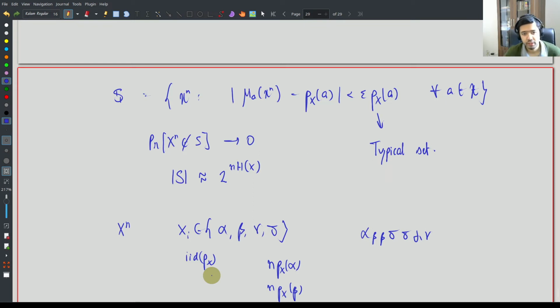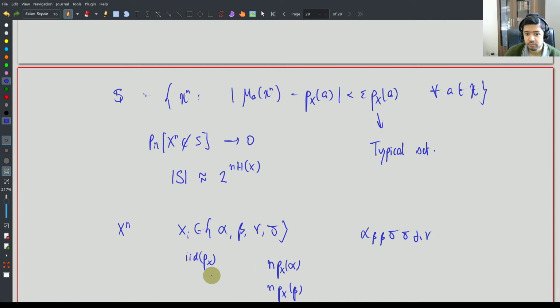Great. In another inequality, you give something like this, that the probability that mu a of xn minus px of a is greater than epsilon tends to 0. Correct. So how is this different from what you have written here, sir?